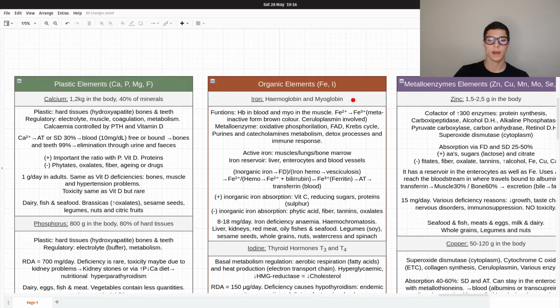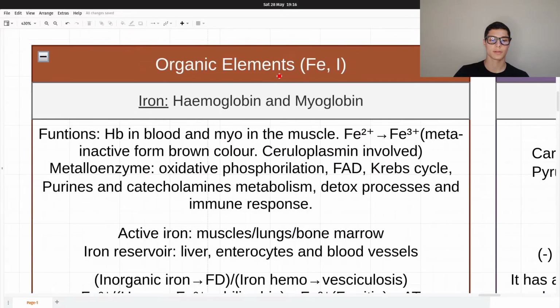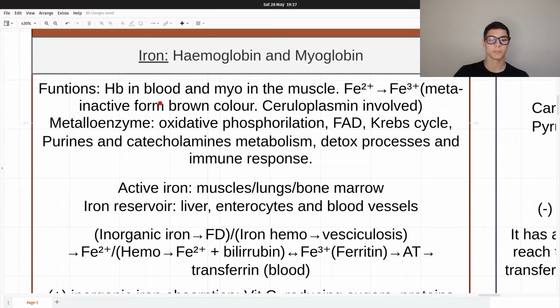Moving on, we have the organic elements, which are iron and iodine. Iron is very important for hemoglobin and myoglobin. The functions, well, hemoglobin in blood and myoglobin in the muscle.